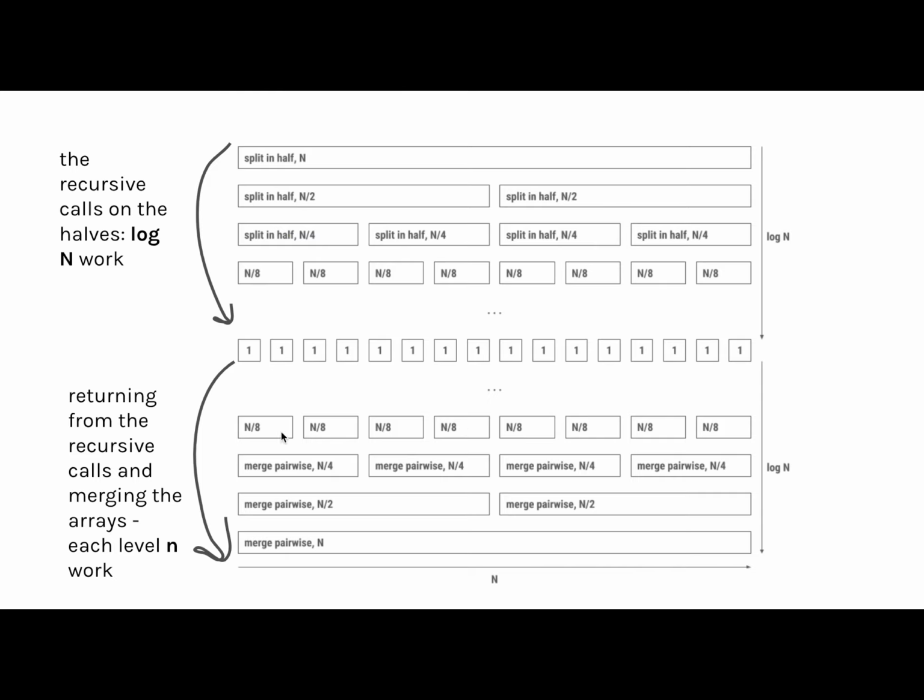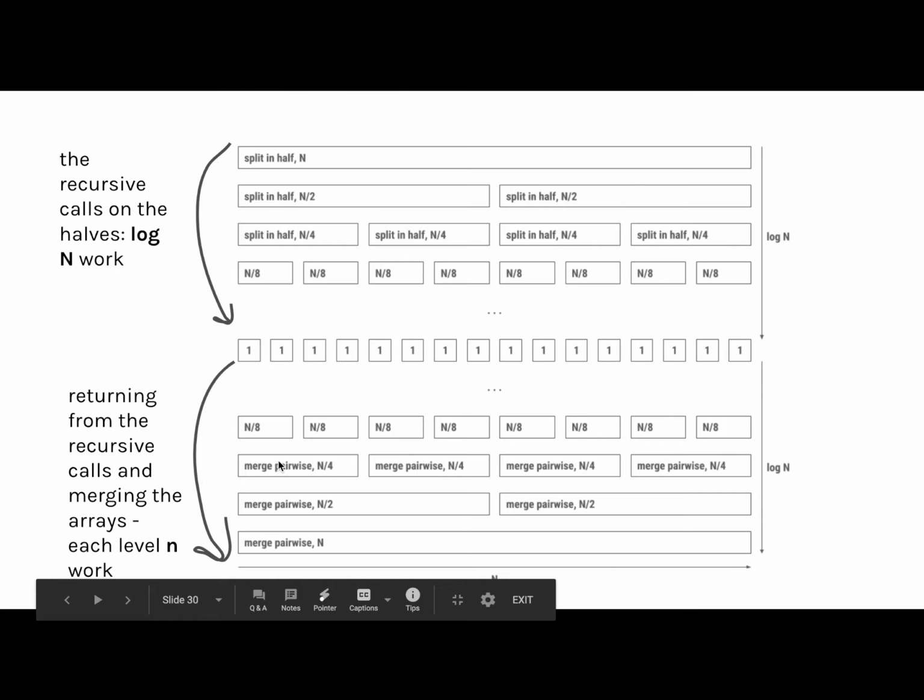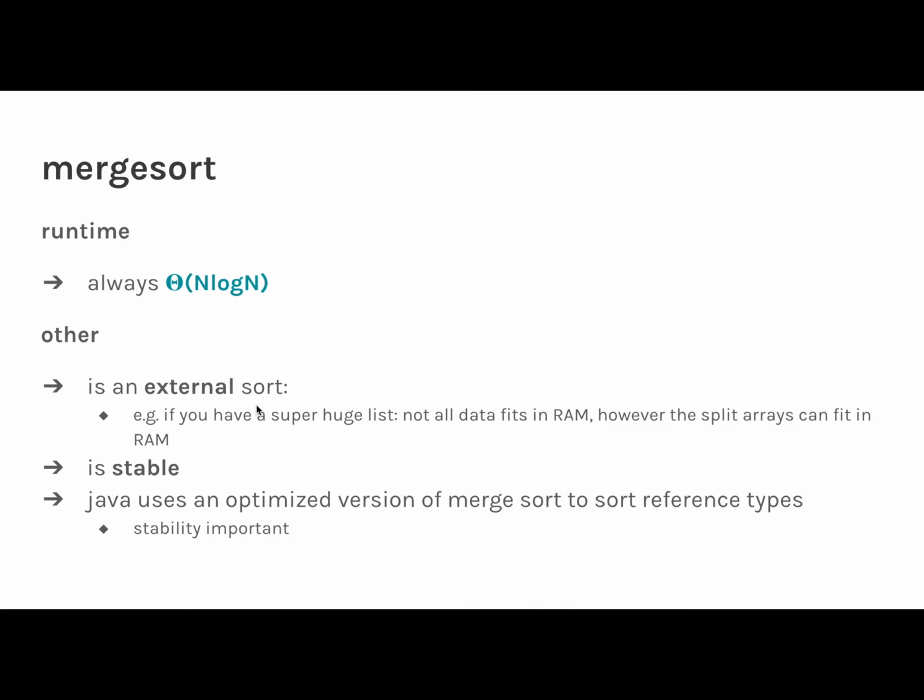For example, this merge is going to take n over 4 time, and you're going to do that 4 times. So long story short, merging takes linear time per level. We have log n levels, so it's n log n work. Yeah, so runtime is always n log n, best case, worst case.